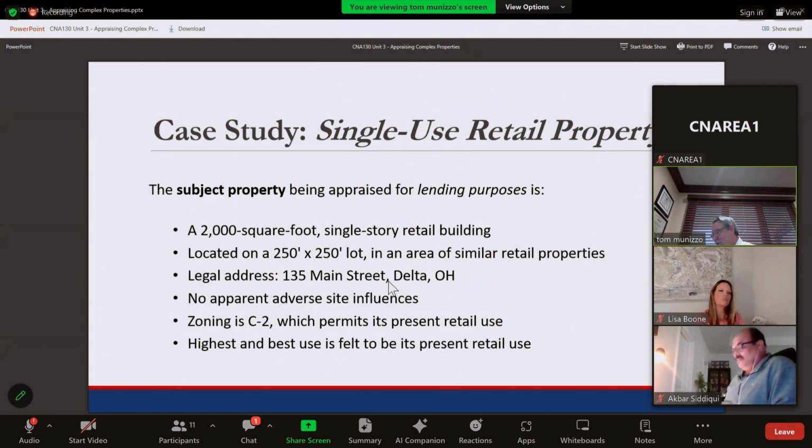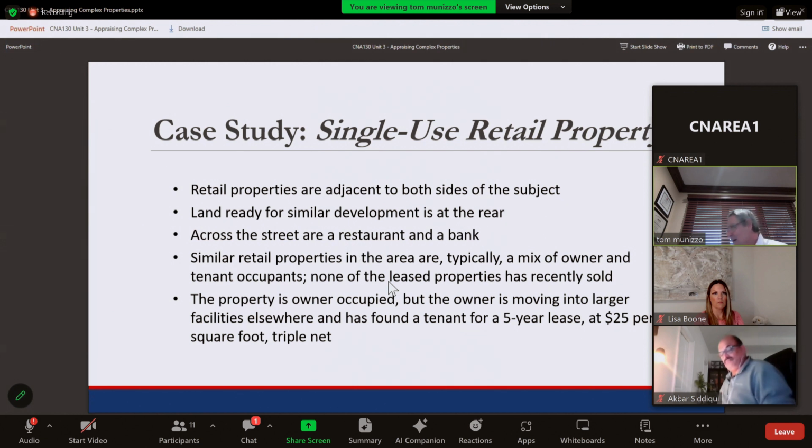It's zoned C2, which permits retail use, and the highest and best use is felt to be present retail use. Retail properties are adjacent, and across the street is a restaurant and a bank. They're typically sold with a mix of owner occupied and tenant. None of the leased properties have recently sold. The property is owner occupied, but the owner is moving into a larger facility somewhere else and has found a tenant for a 5-year lease at $25 per square foot, triple net.